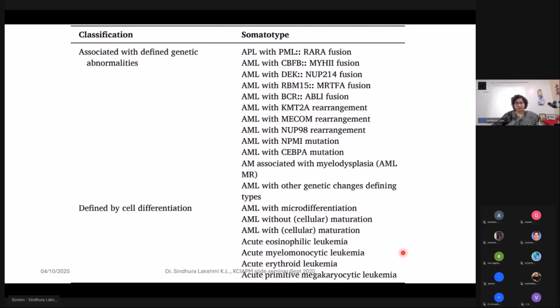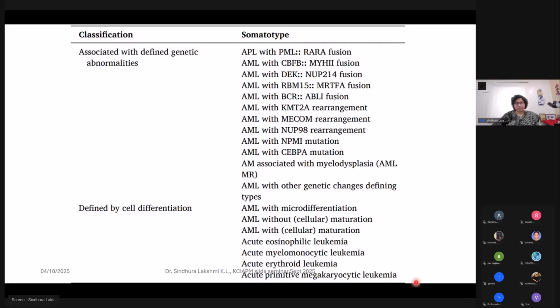All other subclasses, for example acute promyelocytic leukemia, and others like acute monoblastic leukemia that were there in the FAB classification, are all found to have specific genetic abnormalities and will therefore be classified under specific genetic abnormalities only. If you are defining your diagnosis of AML by cell differentiation alone, then you must use these terms.